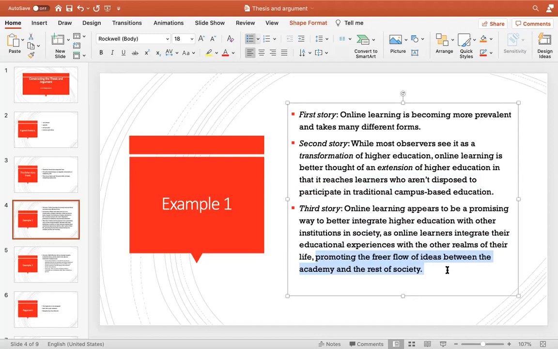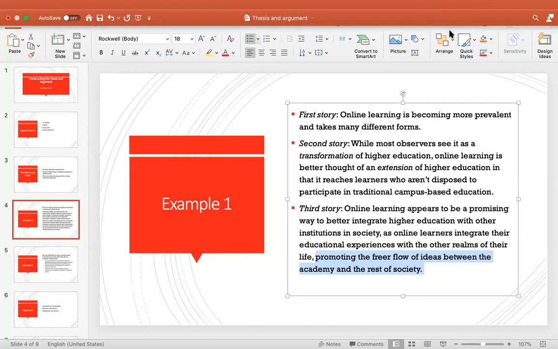Now, all these three thesis statements are about online learning, but the third one is saying that with the help of online learning, we can integrate higher education with other institutions in the society. Because the individuals who live in a society, their lives are also integrated into various institutions of the society. And that way there could be a free flow of information between the society and the universities.